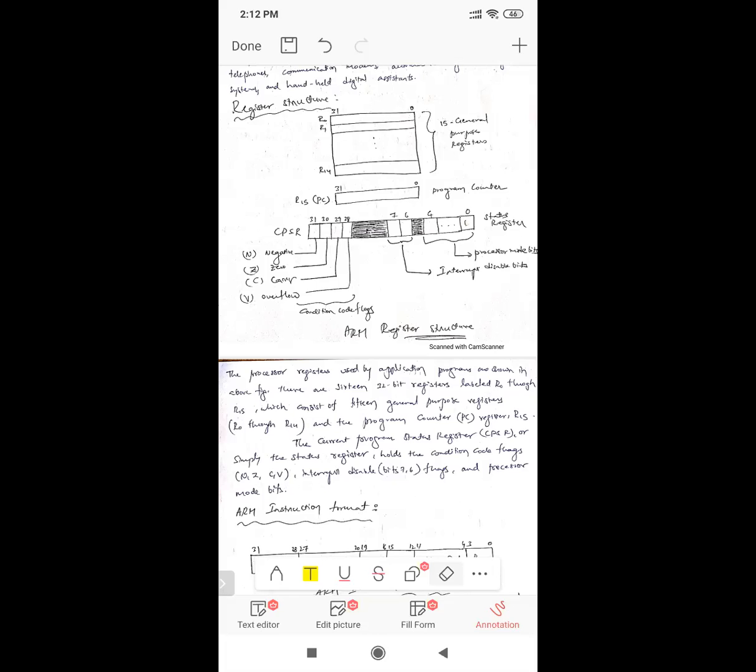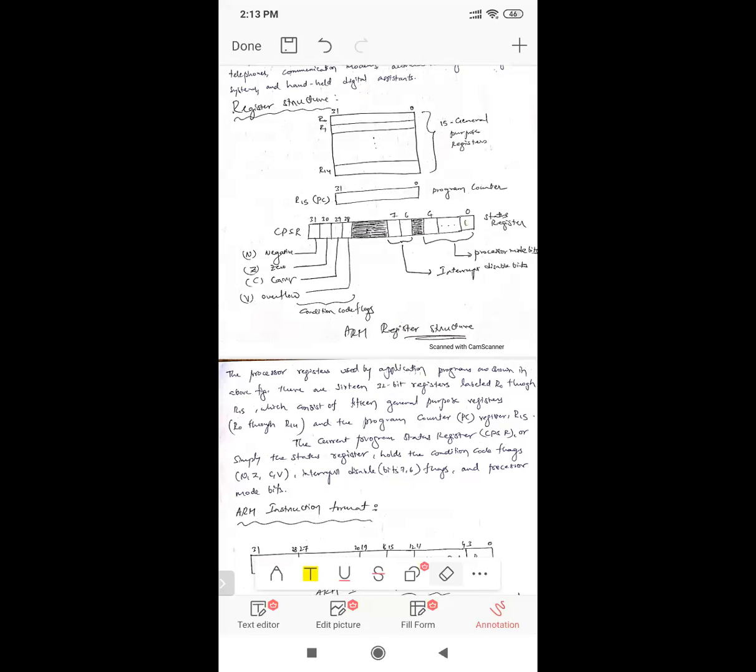If the operation produces an output carry, the carry flag is set to 1, otherwise 0. If the output overflows, that is, goes beyond -128 to +127, the overflow flag will be set, otherwise it will be 0. And the first 8 bits are used as the input status and output status.